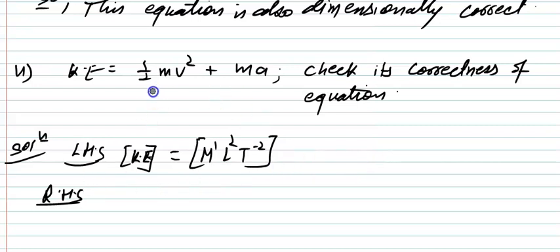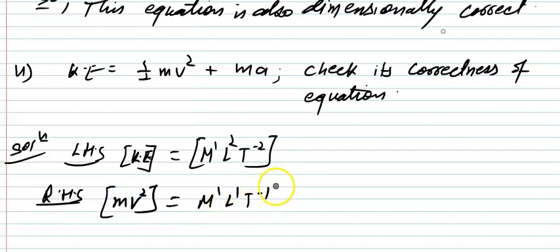So let us come to our question. On the RHS side there are two terms. First ignore the constant value, that is the half, and then check the mv squared dimension. It is M to the power 1, L to the power 1, T to the power minus 1, having the square, and this is the mass.